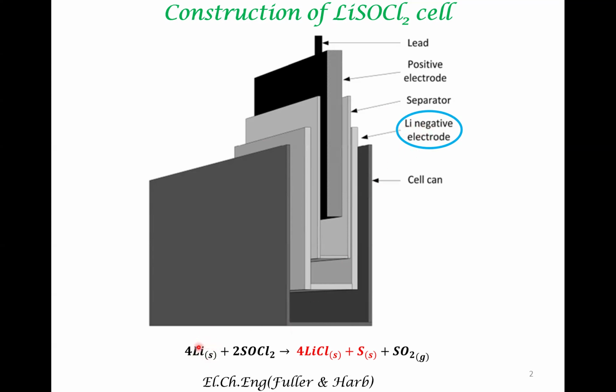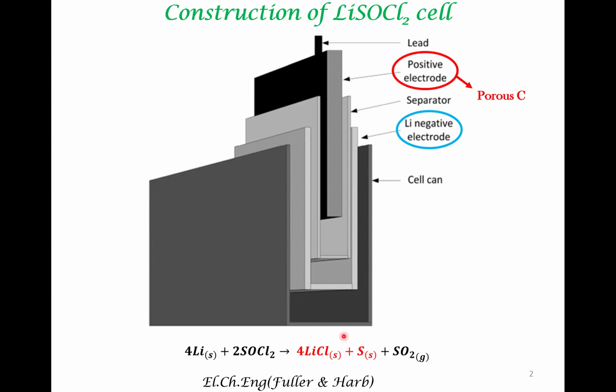So this lithium is stored as a lithium negative electrode. The entire lithium cannot get consumed, because if it gets consumed, there's nothing to conduct electrons. So over and above what is required for a given capacity, we have more lithium than what is needed.